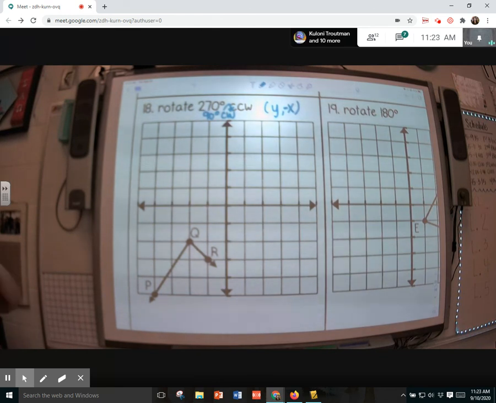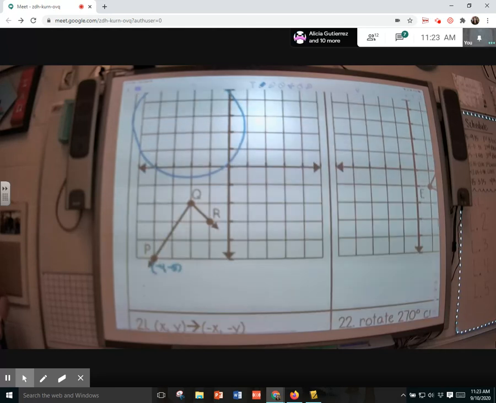So if you don't end up in that quadrant, you've done something wrong. So P starts off at -4, -5. It's gonna switch places, so it's gonna be -5, -4.